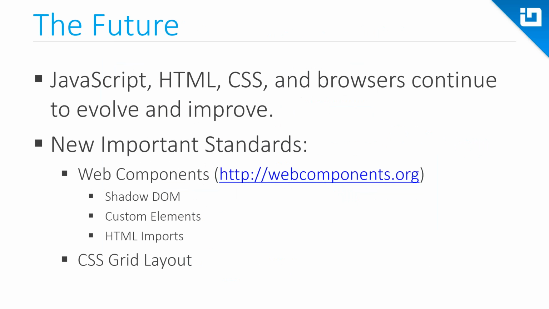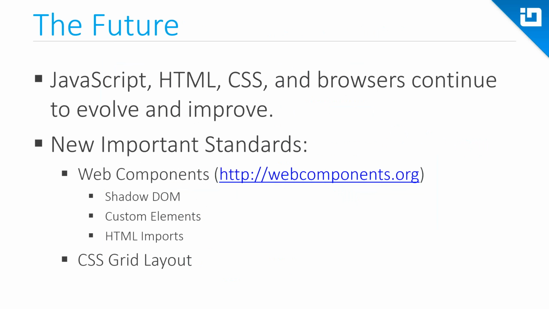So all three of those together form this overarching web component standard, and it's definitely the way of the future. A lot of the newer ones like Aurelia and Angular 2, which is in development, are looking more towards these standards as well. So definitely keep an eye on that stuff.